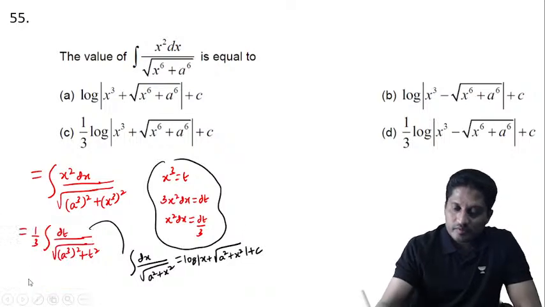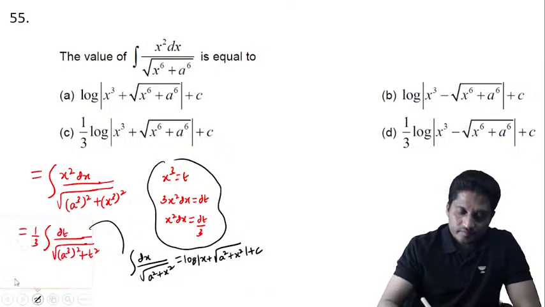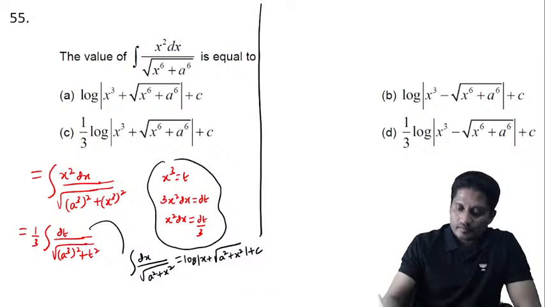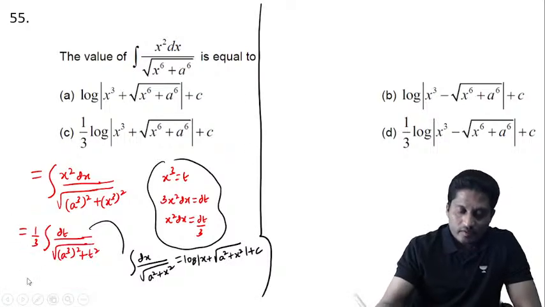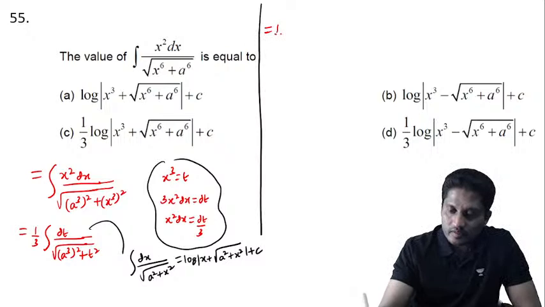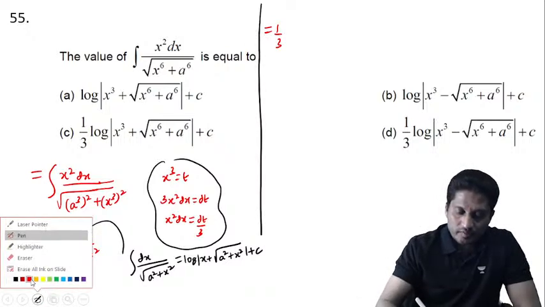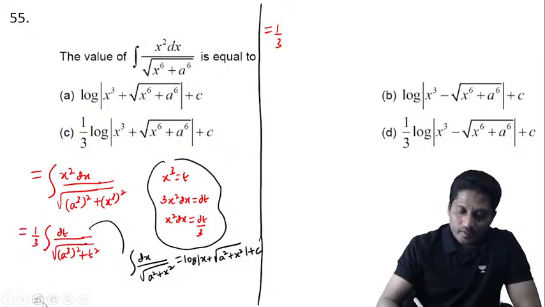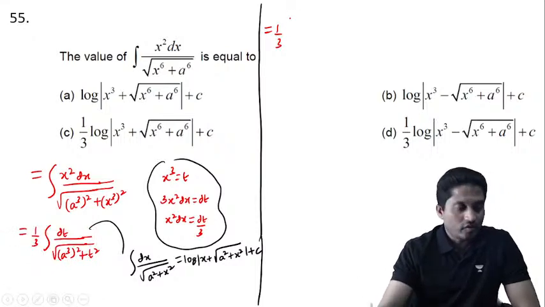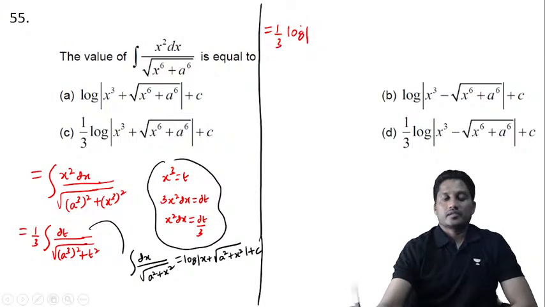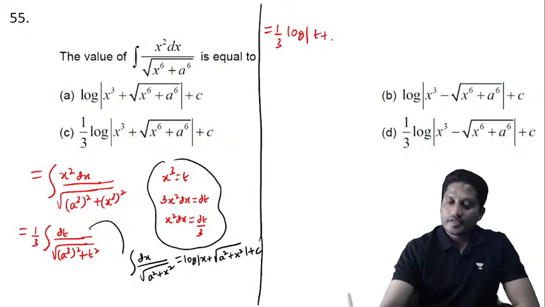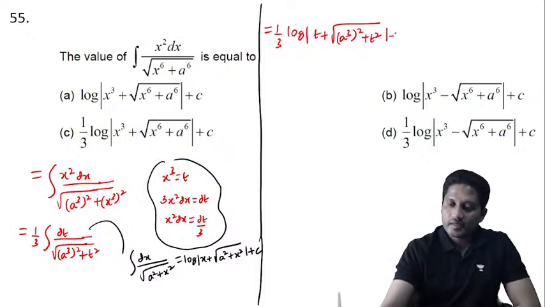So this becomes 1 upon 3, log of t plus root of a square plus x square, that is a cube the whole square plus t square. Okay, and then plus c.